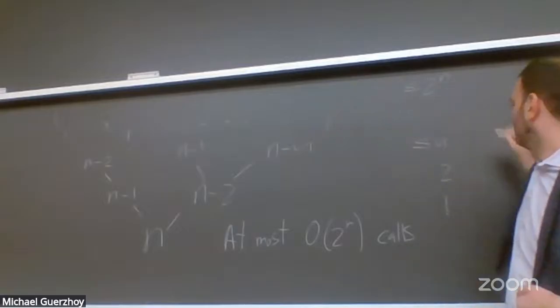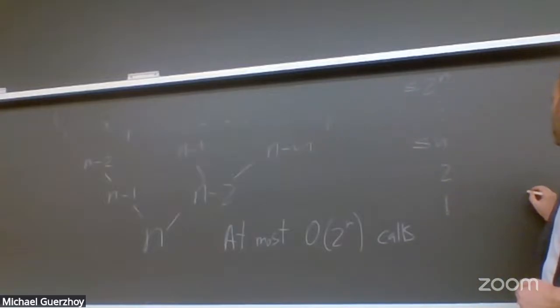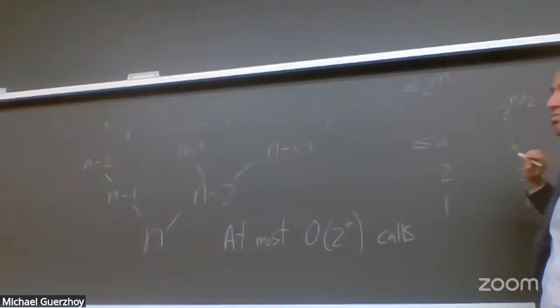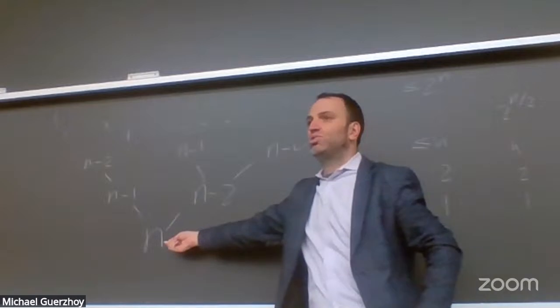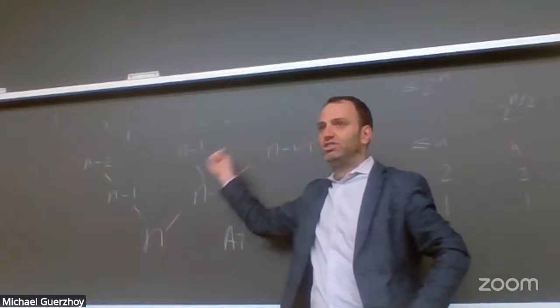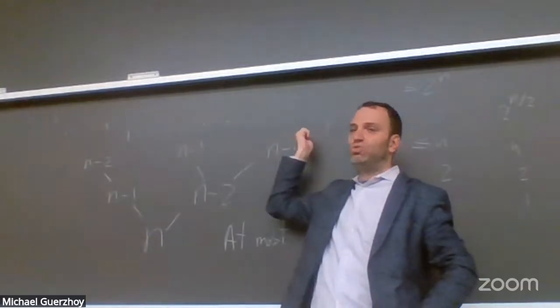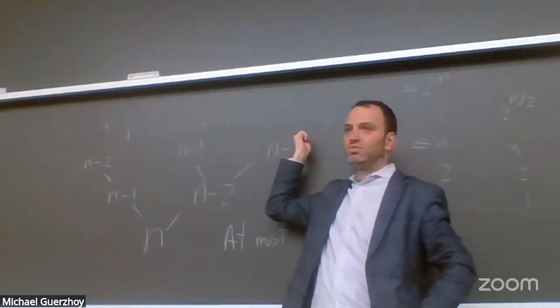So the smaller amount of calls is going to be 1 plus 2 plus 4 and so on up to 2 to the n/2. That's because here we have n/2 levels, since I go from n to n-2 to n-4 and so on down to 1.